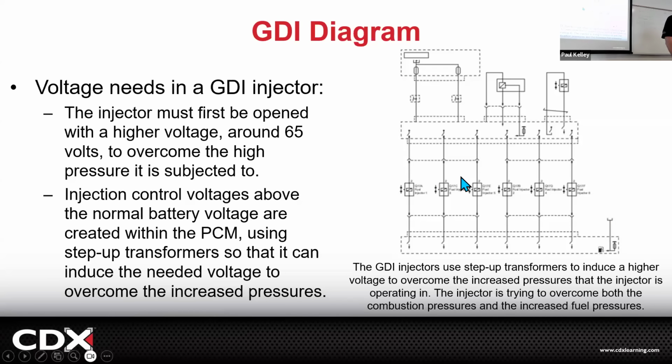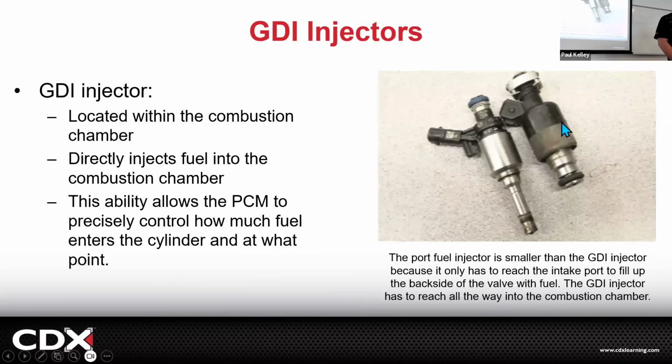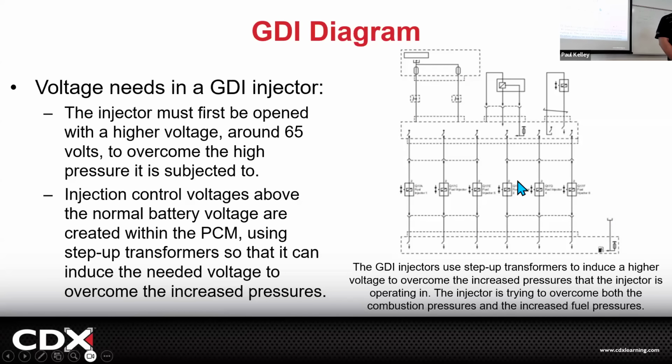Other times we may be using straight 12 volts, but it could be a piezoelectric crystal that'll open and close it. It's just not a low, basic, simple port fuel injector though. These injectors are like 10 times the price and they take quite a bit more energy to run. So sometimes the way we power these injectors might not come right from the PCM.